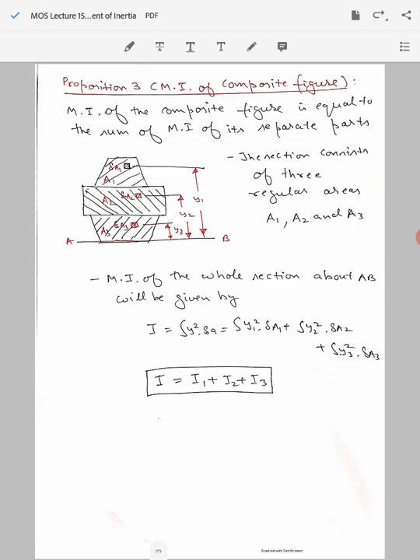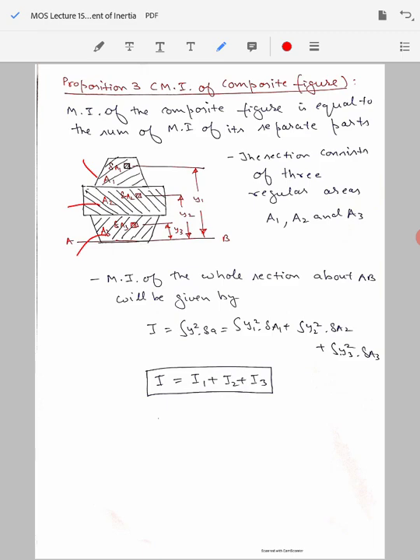So here you see a complicated figure, but you can divide it into three regular figures. One is this trapezoidal figure here, another one is the rectangle here, and the third one is another trapezoidal figure. The whole figure that you are seeing was very complex, but you divide it into simple figures such as shown over here, and these figures have the areas A1, A2 and A3.